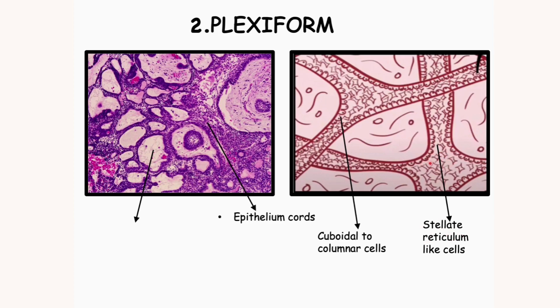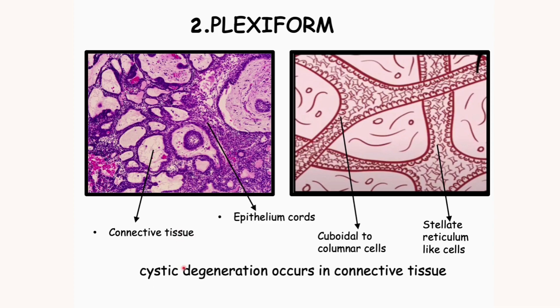These epithelial cords are scattered in between the connective tissue. This connective tissue contains blood vessels. Here, the cystic degeneration occurs in the connective tissue. Unlike in the follicular pattern where it occurred inside the epithelial follicles, here cystic degeneration occurs inside the connective tissue.